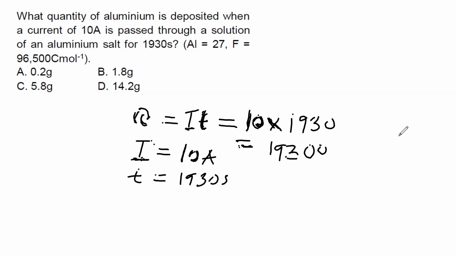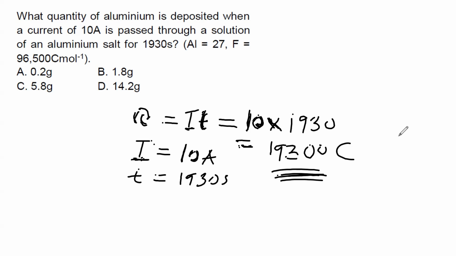And of course, the SI unit for the quantity of electricity is coulomb, so we have the quantity of electricity here in coulomb.